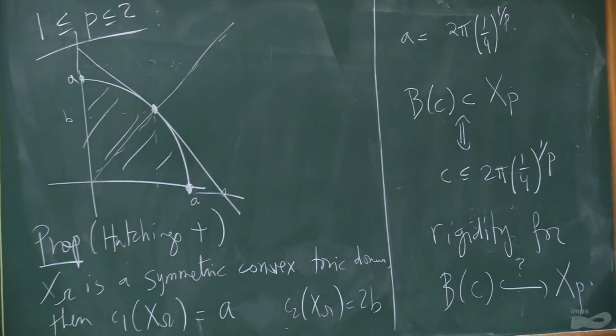So this guy is torically rigid. So X_p embeds into B(C) if and only if C is at least 2b.